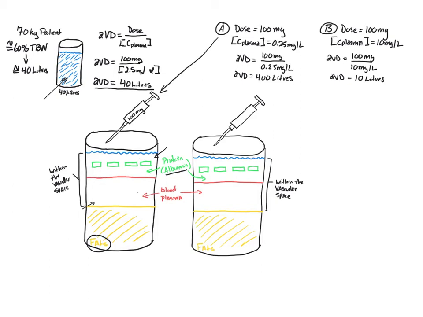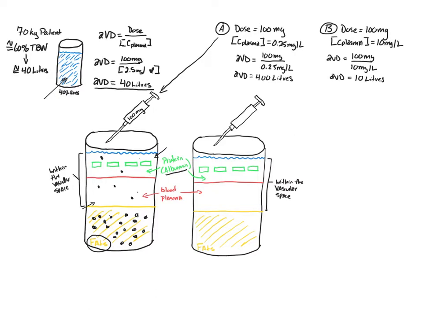And so what can happen here is, let's say that I give 100 milligrams of that drug, and that drug is very, very lipophilic. And so what's going to happen is that drug is going to be sequestered. It's going to be very concentrated in the lipid or the fatty areas of the body, and it's going to be less concentrated in these other areas of the body.